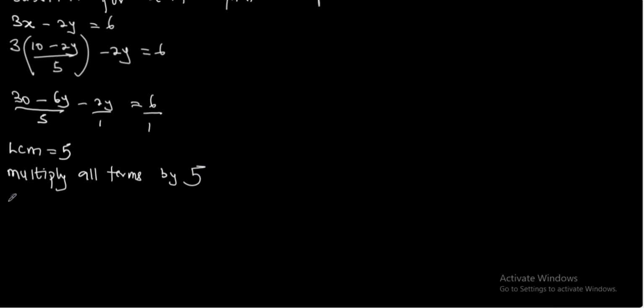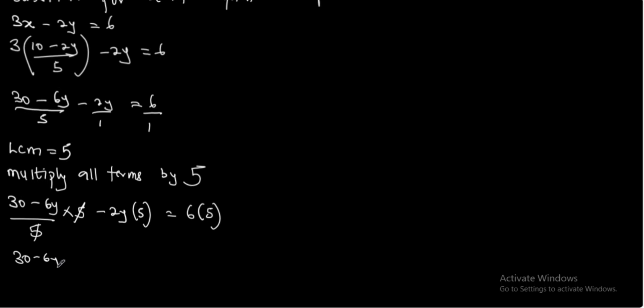So that I'll have 30 minus 6y over 5 multiplied by 5, minus 2y multiplied by 5, equals 6 multiplied by 5. All terms are multiplied by 5. This will clear this. So we have 30 minus 6y left, minus 2y times 5 is 10y equal 30.